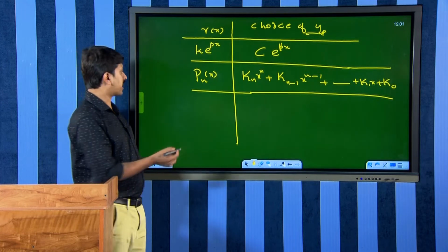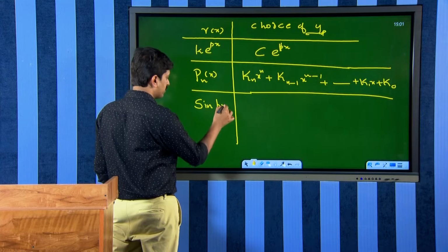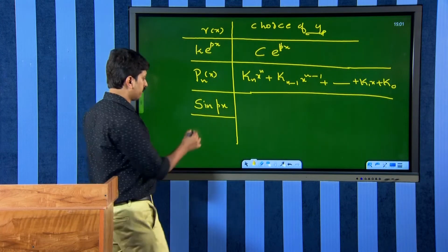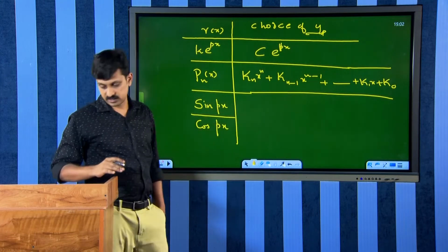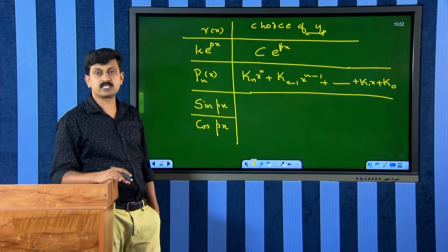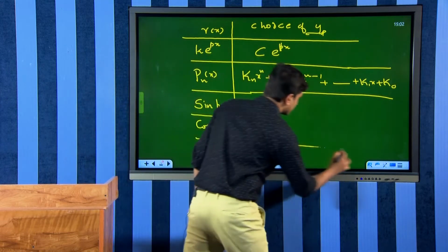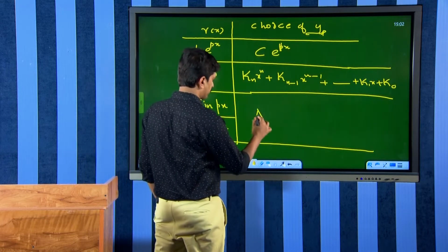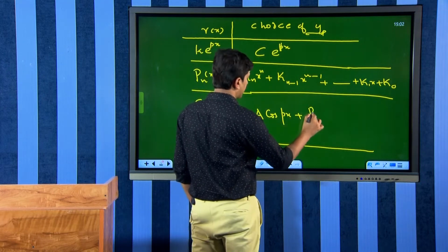Maybe r of x is sin px or cos px, the sine function or the cosine function. In either case, the choice for yp is a cos px plus b sin px.